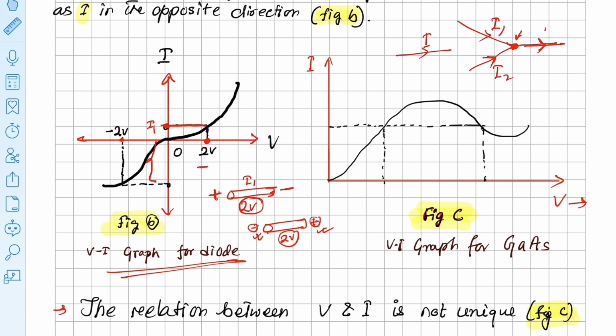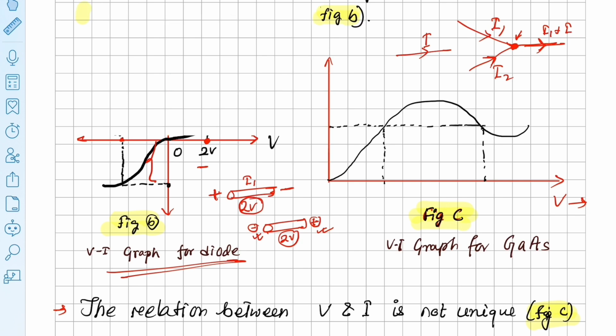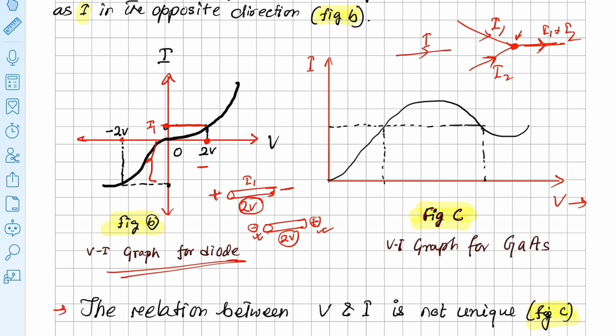Now in this conductor, the current will be I1 plus I2, and it doesn't obey the vector addition law. It obeys simply the algebraic sum. If you take the algebraic sum, then only you will get the total current. So that's why it is not a vector quantity.